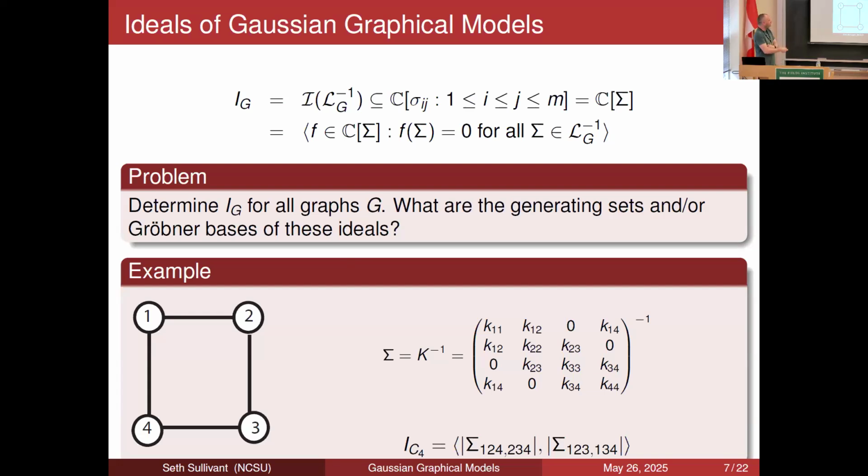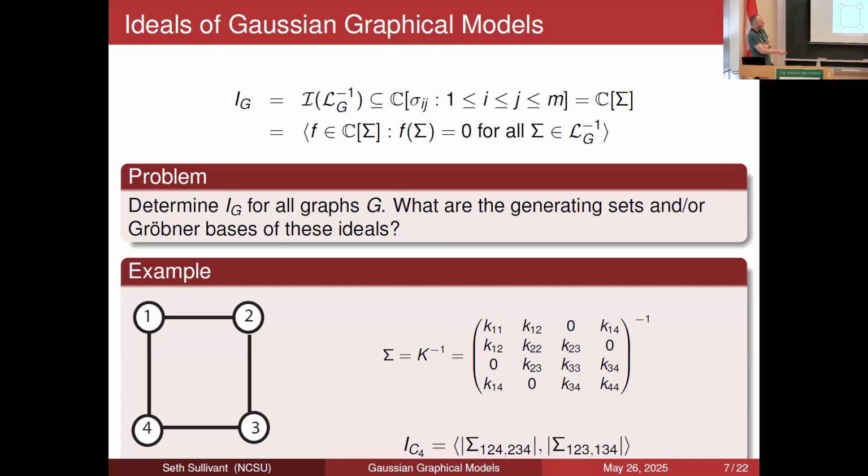Okay, so again, for our 4 cycle, we're looking at the inverses of these matrices with this structure. And you go to your favorite commutative algebra package and compute the vanishing ideal, and you find that it is a complete intersection. It's generated by two determinantal cubics, and they're obtained by looking at specific 3x3 submatrices of the covariance matrix.